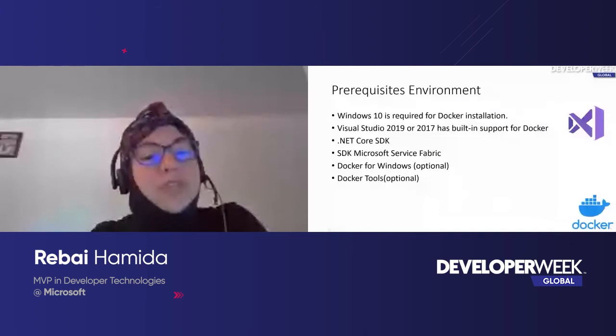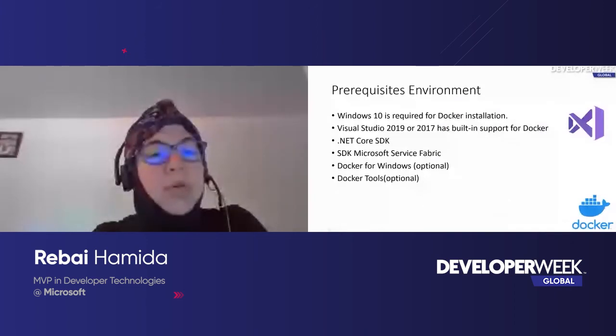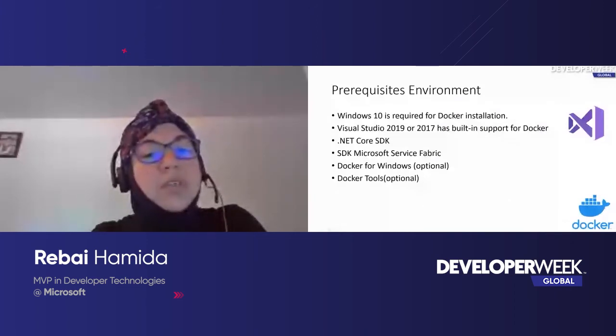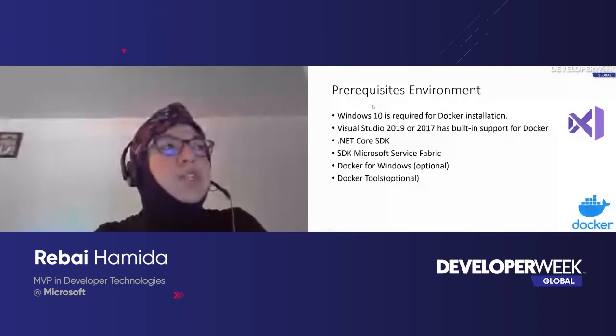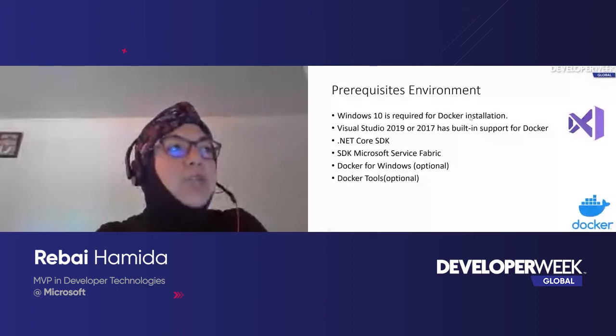Now, before we start our demos, we must meet these prerequisites in order to configure our Windows development environment to create Service Fabric applications. So what we need is the latest version of Windows 10 Professional or Enterprise. If we talk about containers, we need to have Docker, even if here I mentioned that it is optional, because we need to talk about containers in Docker and how we can use them with Service Fabric.